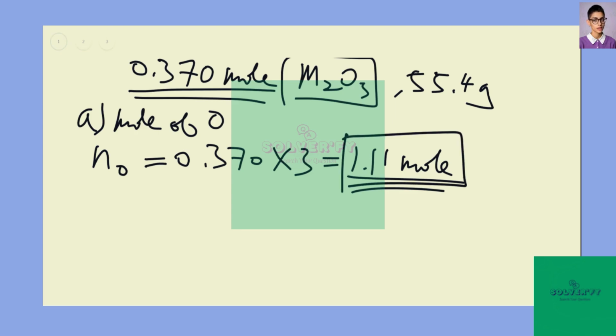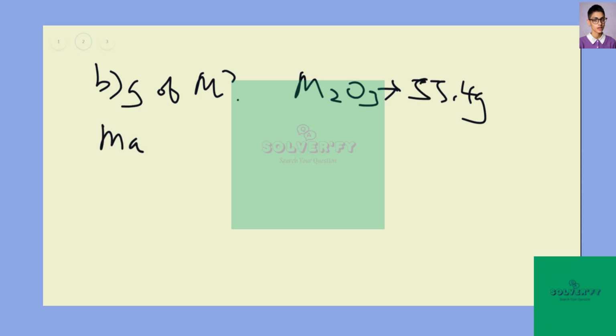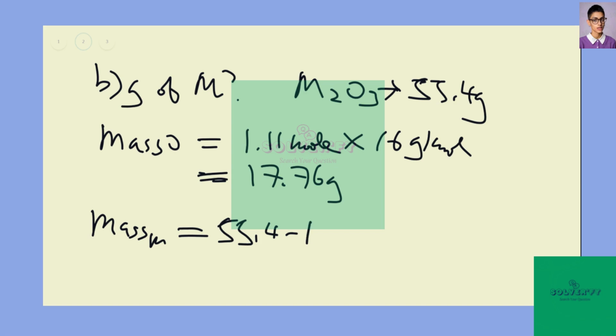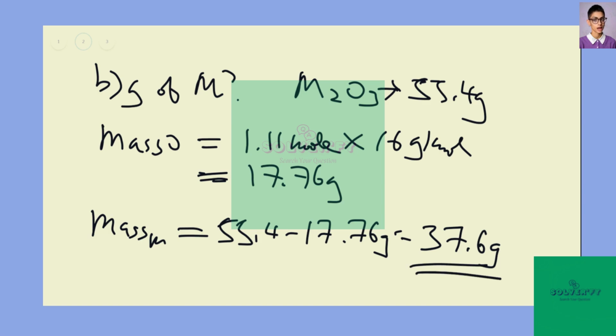The number of moles of oxygen is 1.11 mole, so the mass of oxygen is 1.11 mole times the molar mass, 16 gram per mole, which is roughly 17.76 gram of oxygen. For the mass of metal, we take the total mass, 55.4 minus 17.76 gram, so we roughly have 37.6 gram for our metal.